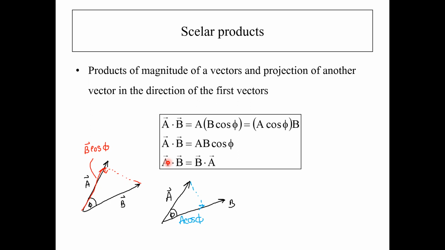So you have A times B cosine phi, or A in the direction of B, which is A cosine phi, times B. So the scalar product A dot B is the magnitude of A times the magnitude of B times cosine phi.